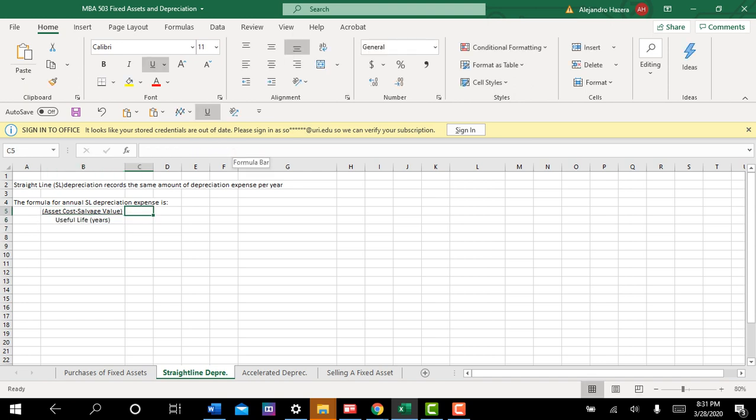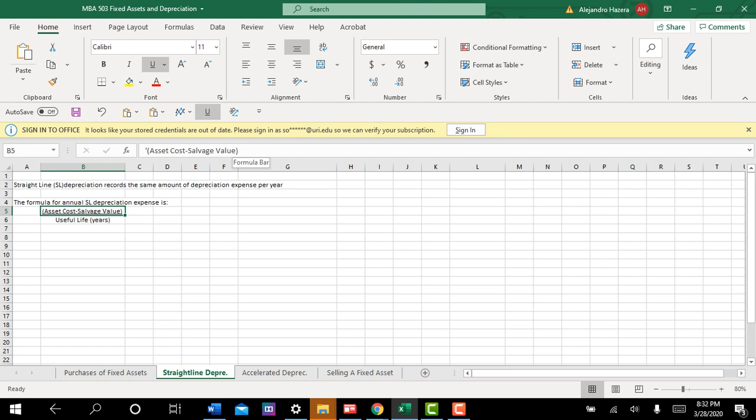So when we take the asset cost, which includes those extra charges, by the way, and subtract out the salvage value, the salvage value is basically your trade-in value. So if you had a car and you used it for 5 years, whatever you could get for it at the end would be your salvage value. It's called salvage value because most of these assets are junked. But basically it's what you can get for the asset after it's no longer operational.